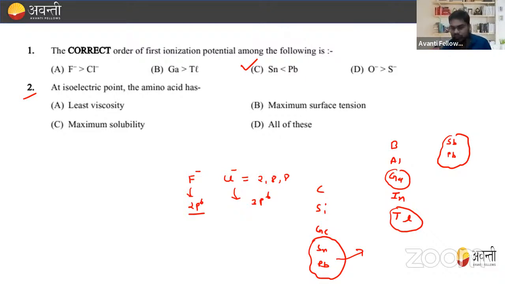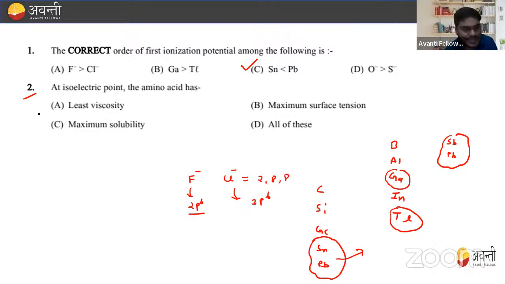We all know what the isoelectric point is: it is the pH at which no net migration takes place. So at the isoelectric point, the amino acid has the least viscosity, because no net migration takes place and its movement is very, very less. Always remember this term, least viscosity.